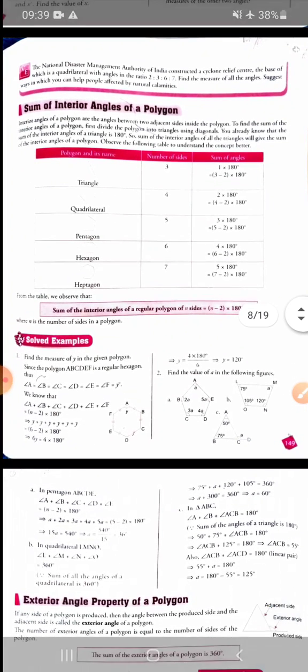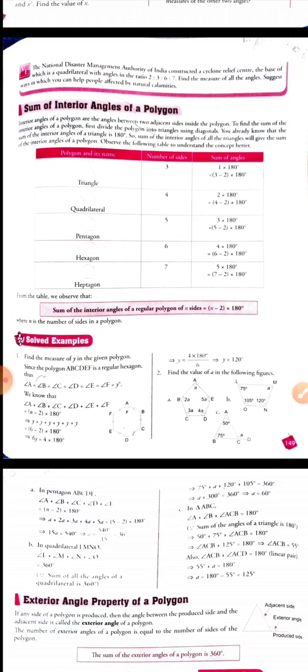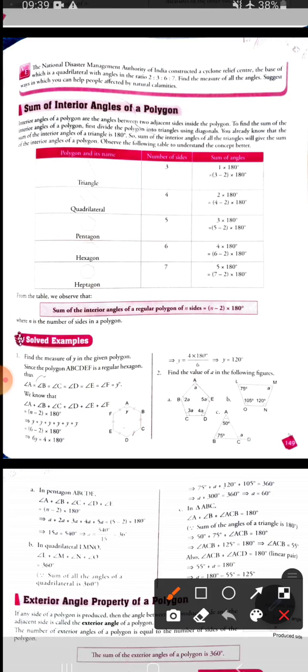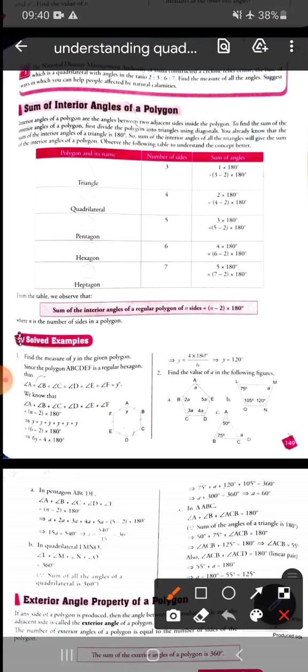So we have a general formula for the sum of interior angles of an n-sided polygon, that is (n minus 2) into 180.